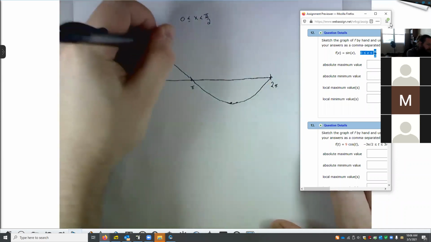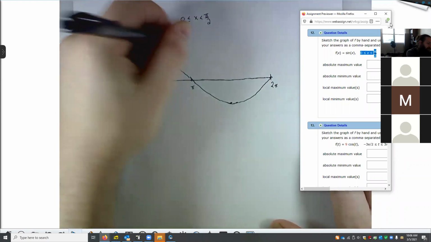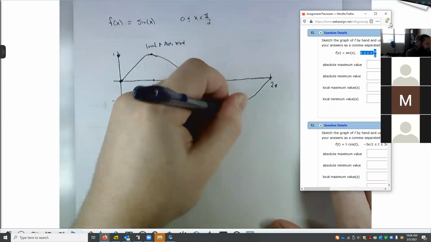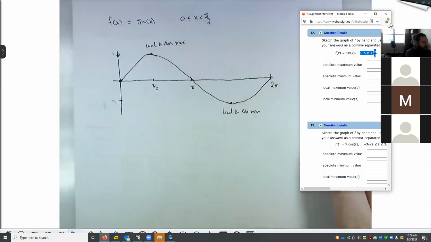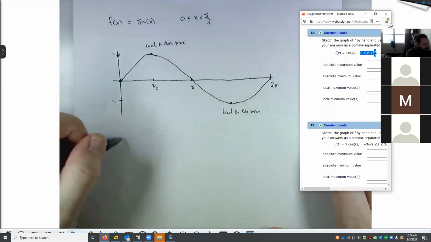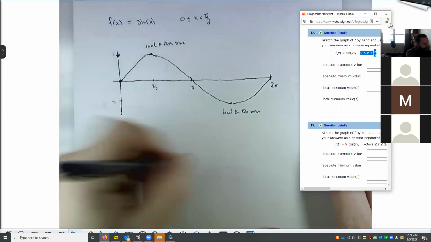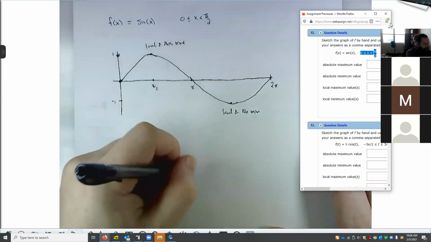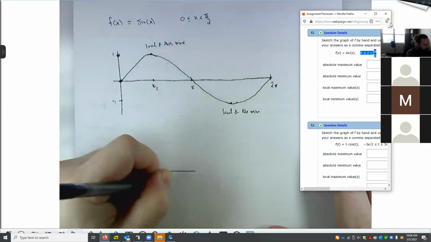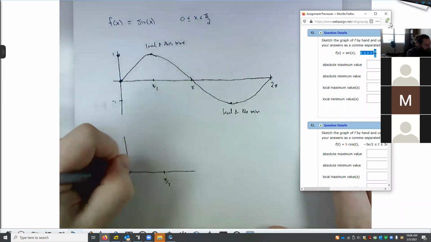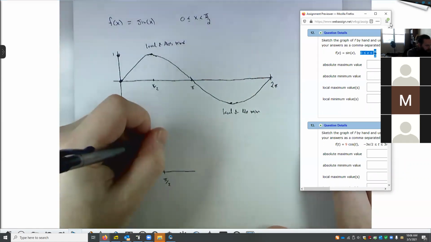And a local and absolute min here. But if we restrict to the left closed, right open interval 0 to pi over 2, then this guy is filled in, but this guy up here is open.